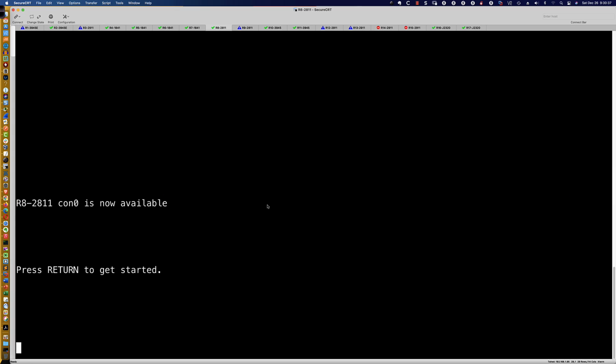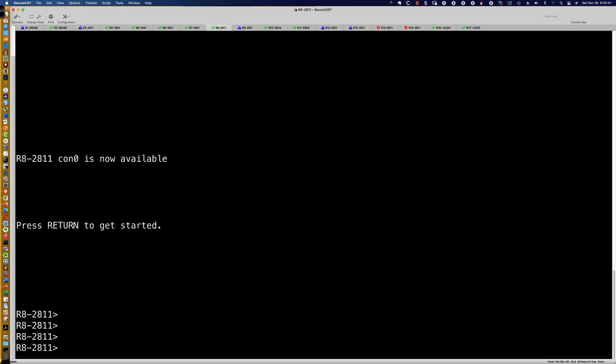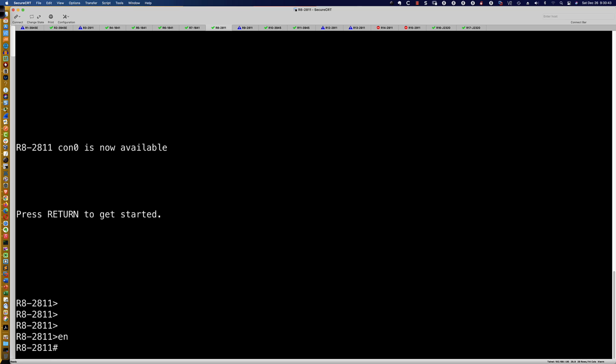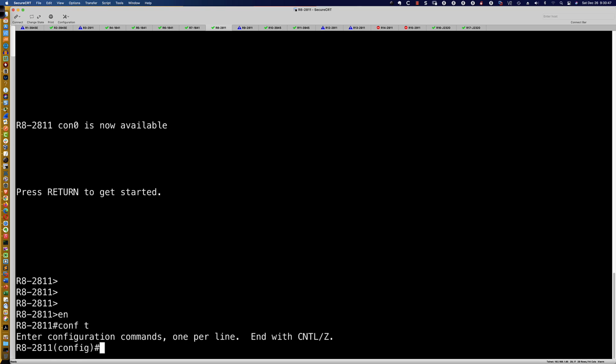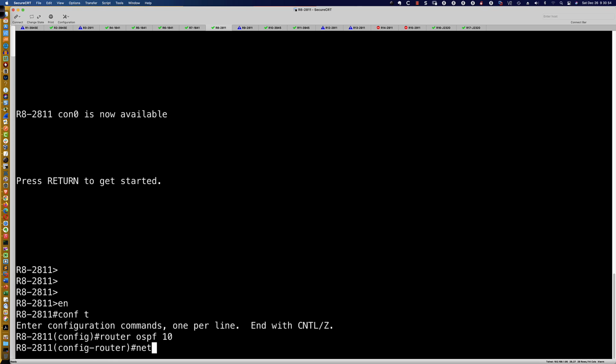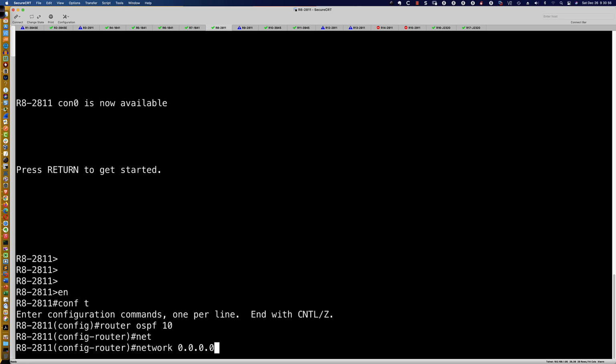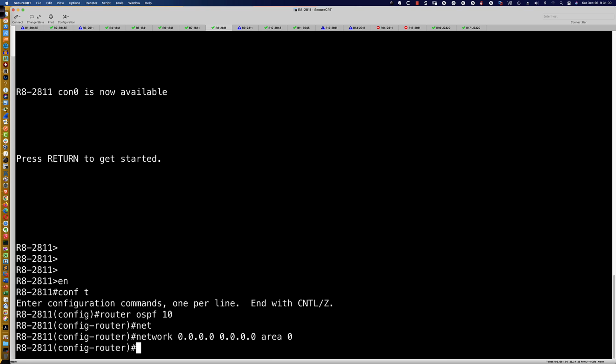If I come over to real Cisco routers, and this is a 2811 Cisco router running 15.x code, if I was to go in and create a quick configuration here and just say router OSPF 10 and then say network 0.0.0.0, so we're going to turn OSPF on all interfaces on this router in area 0.